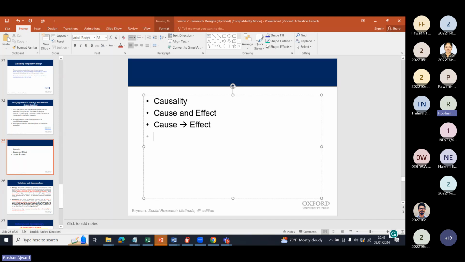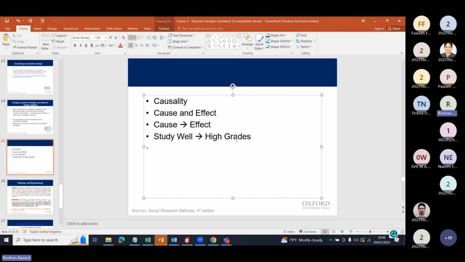Now, for example, you study hard, study well. What will be the effect? What happens to your grades? Higher grades. So this is called causality.